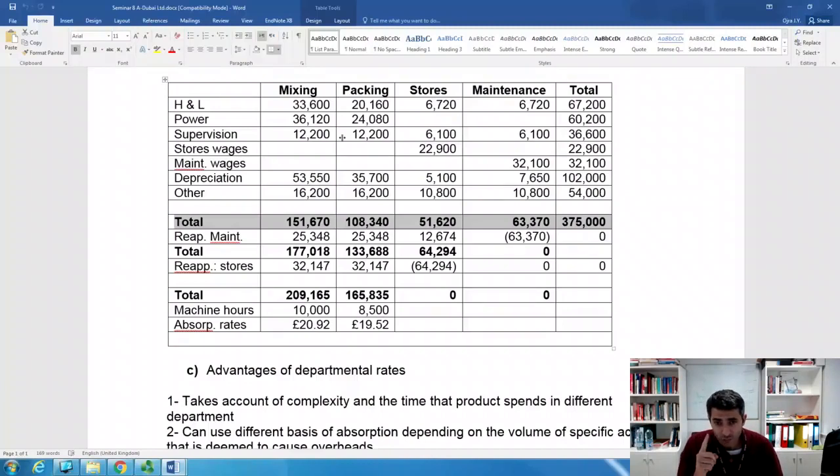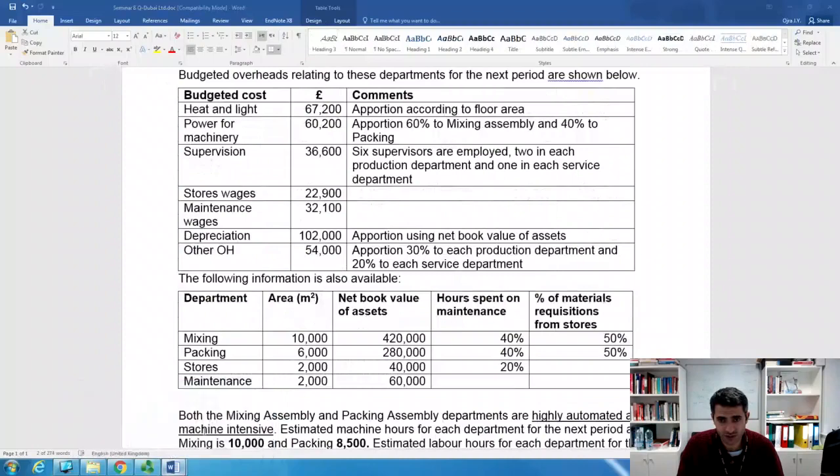Now for step 2B, if you remember, we need to allocate the non-production, service departments to the production departments. So at the end of step 2B, the total maintenance and the total stores must equal 0. Look at the question first.